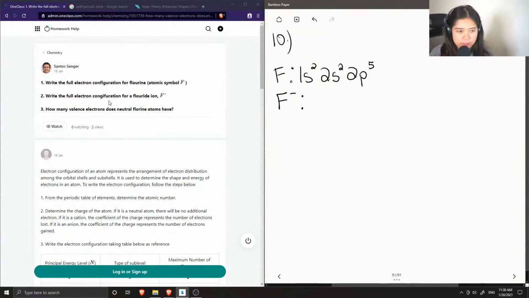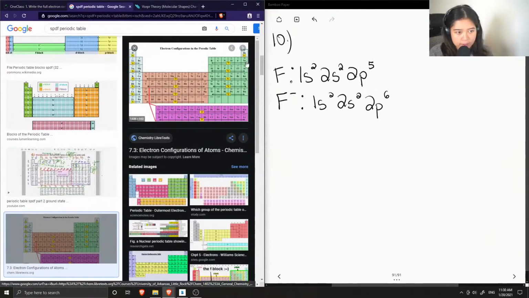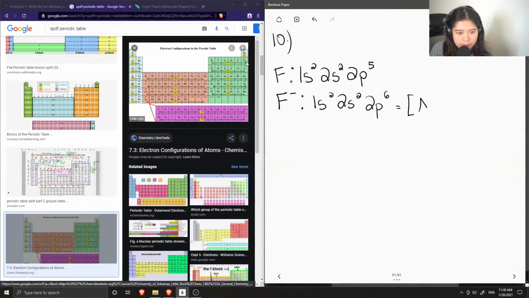So when we have an extra electron, we can write our new electron configuration, which is 1s2, 2s2, and then 2p6. Okay, so you can see that it now has the same electron configuration as neon. So we can show neon in square brackets, to show that it's the same electron configuration as F-, meaning that these two are isoelectronic.